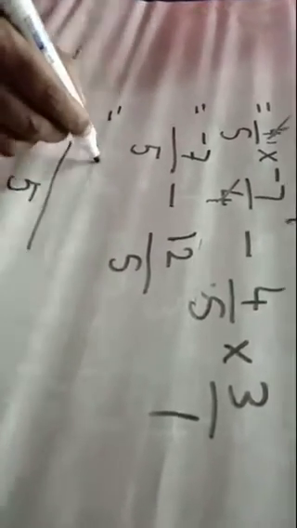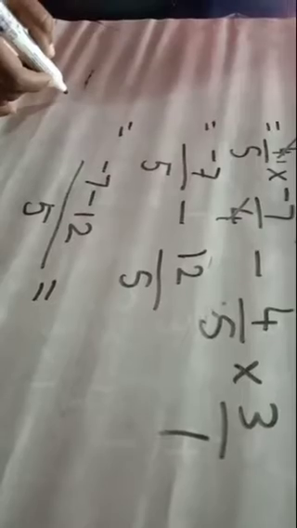Numerator into numerator by denominator into denominator. Both have the same denominator, you know, so now we need to find the LCM. Here LCM is 5. Directly add or subtract the numerators. Negative 7 minus 12, negative and negative, both are negative.